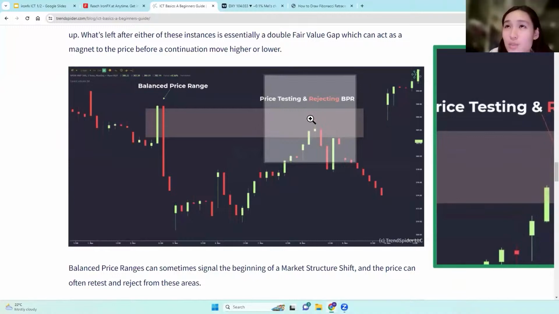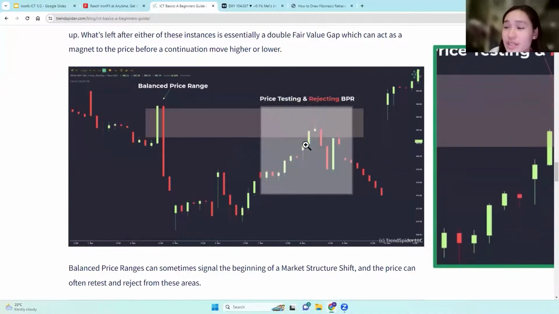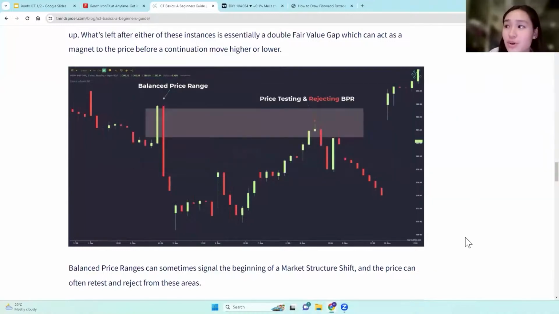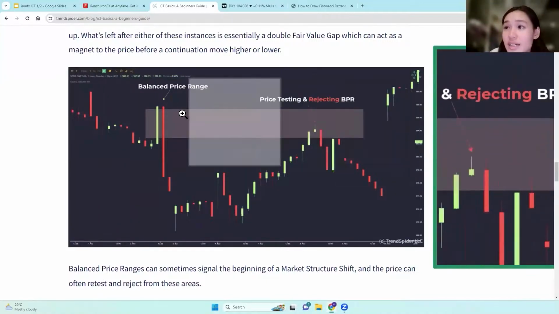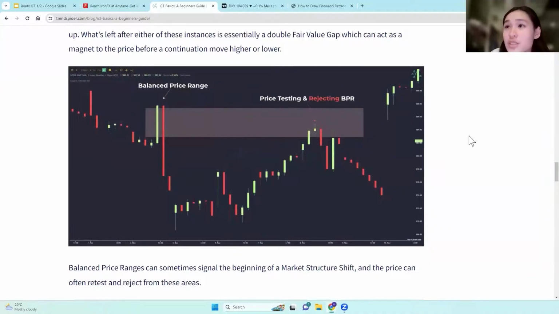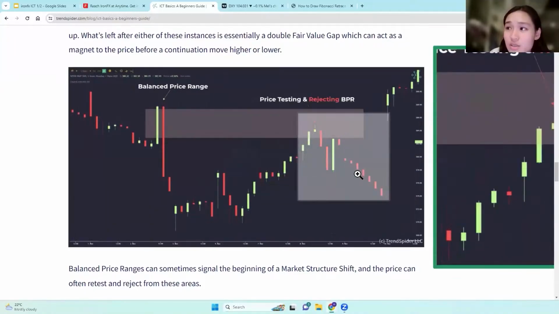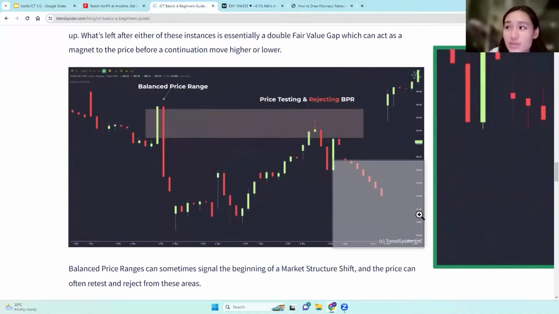If you were here for our support and resistance levels, we're just talking about a double swing high here, where price reverses off the same resistance level as before. The reason we highlight this entire area is that price tends to be attracted to such areas and then reverses off of it.